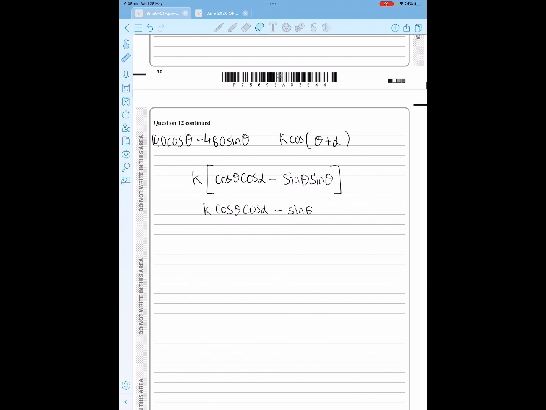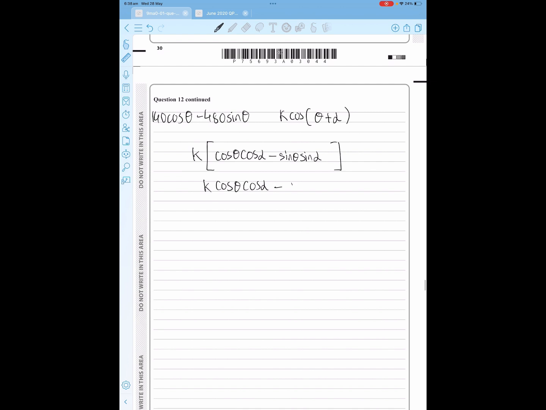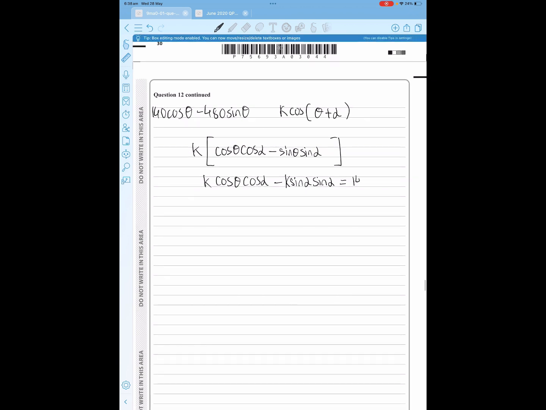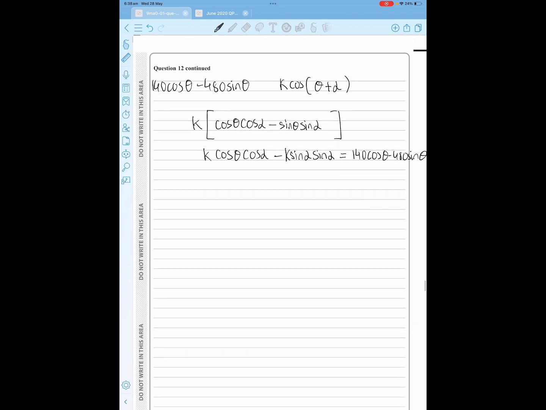So that's k cos theta cos alpha minus k sine theta sine alpha, and then we can equate that to 140 cos theta minus 480 sine theta. Essentially, k cos theta cos alpha would be 140 cos theta.